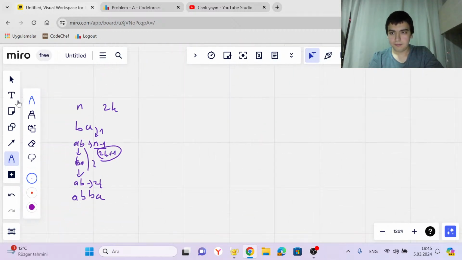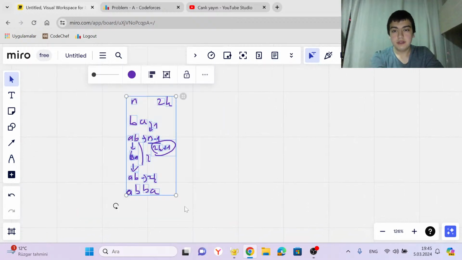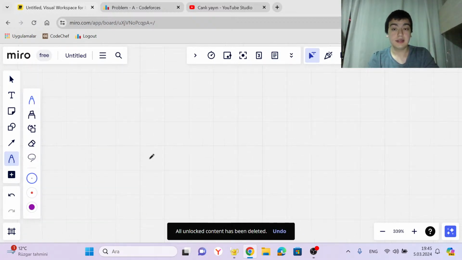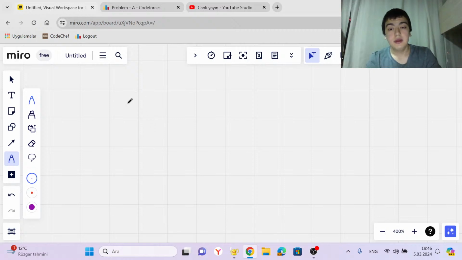Therefore, we should use a method like this in this problem. First, if our string is smaller than its reversed version, like AB, we can output it easily.